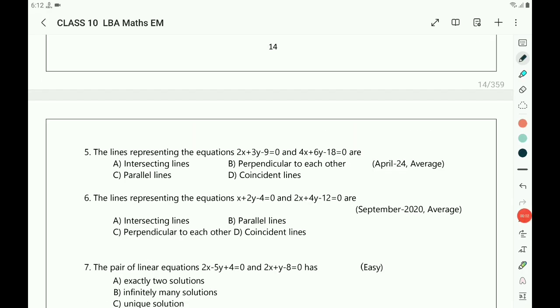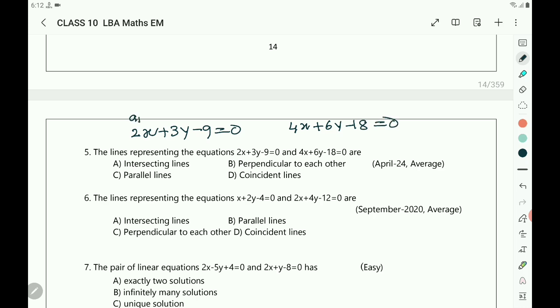Let us write the equations. 2x + 3y - 9 = 0. And the other equation is 4x + 6y - 18 = 0.